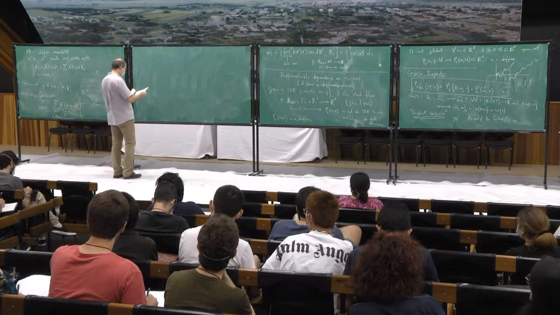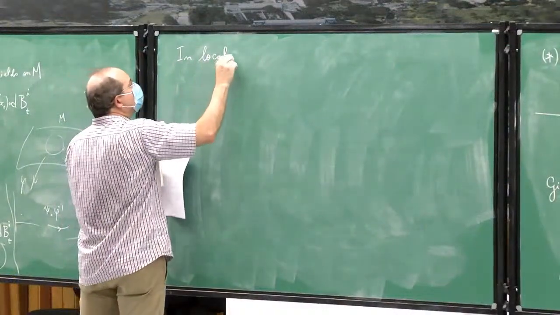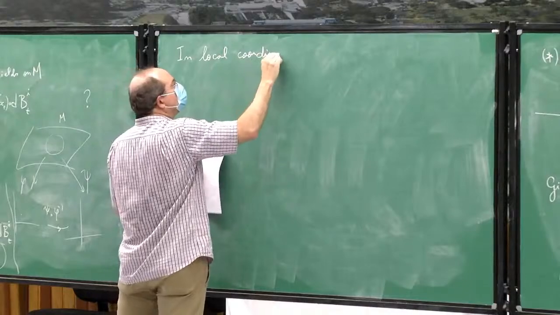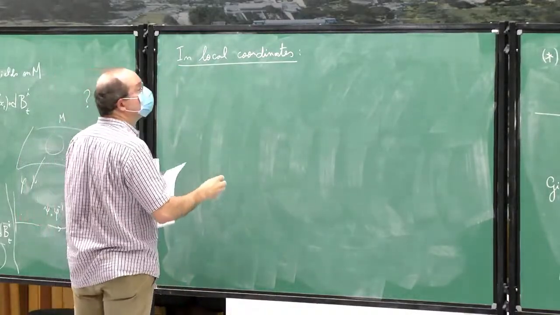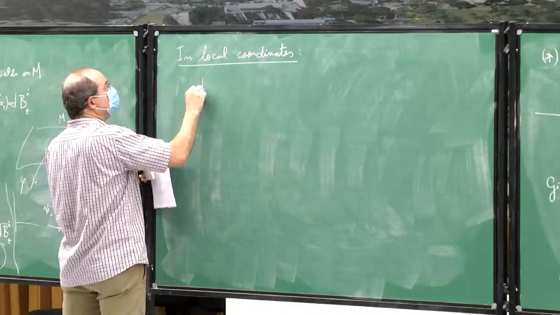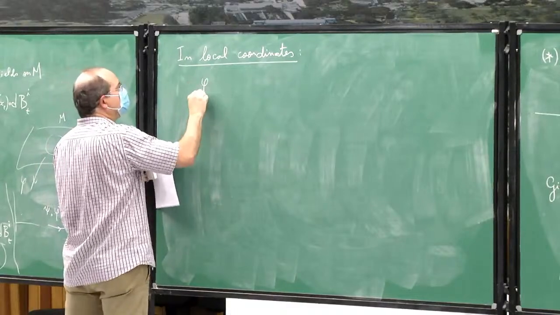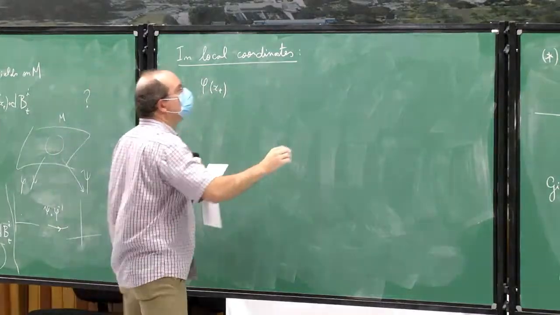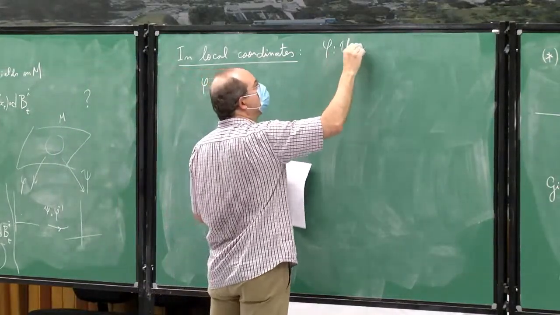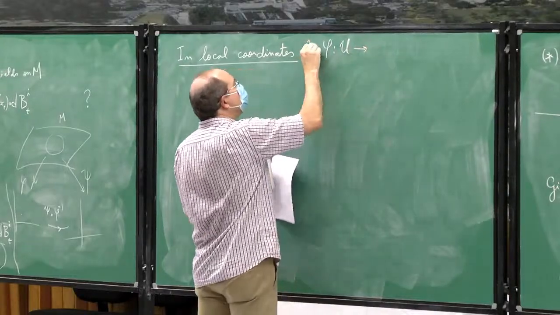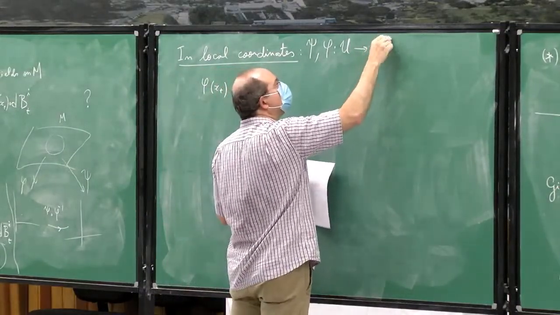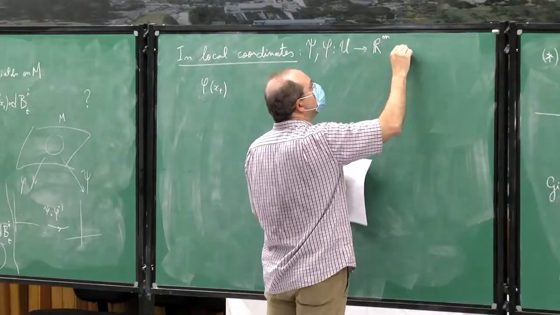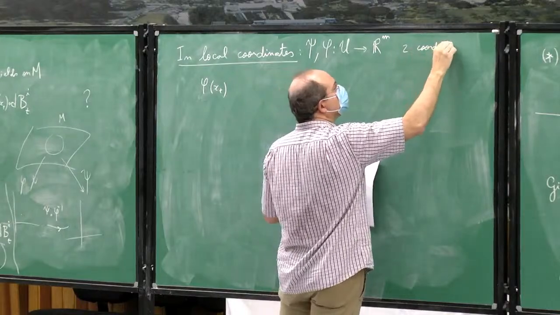So in local coordinates, we have d of phi of Xt, with phi from U, psi and phi, say, to R^d, d the dimension of the manifold. Two coordinate systems.